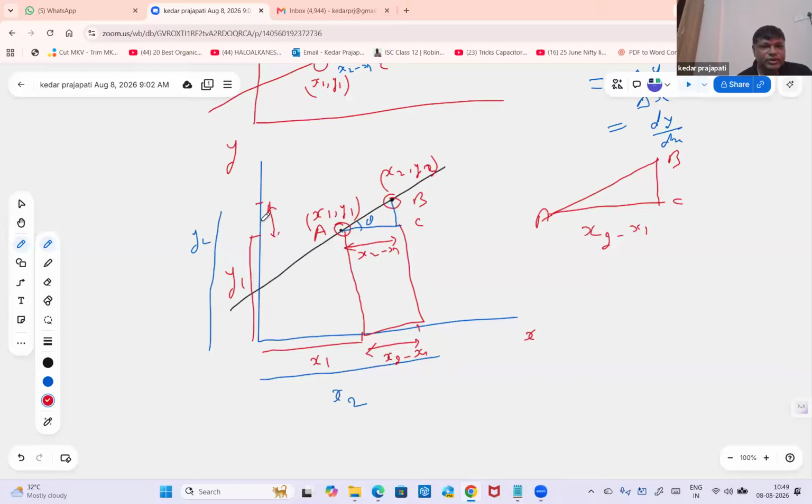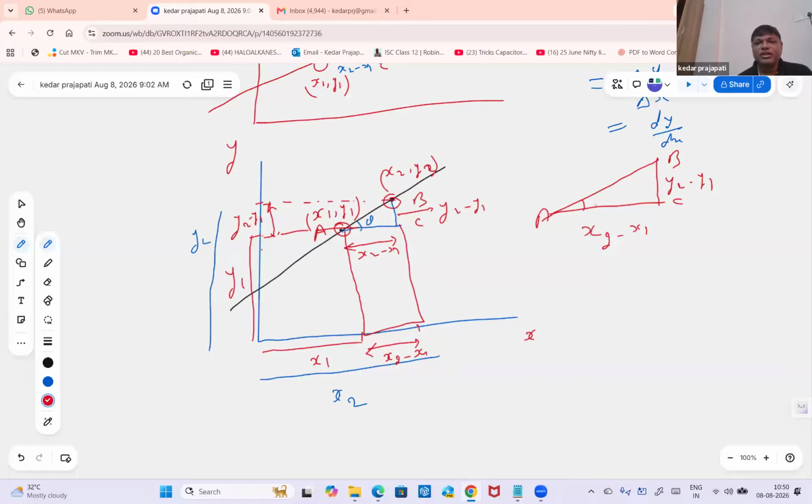This is y2, this is y1. So this will be y2 minus y1. So this, if you draw a rectangle here, this length and this length are equal. So this will become y2 minus y1. So this is also y2 minus y1.